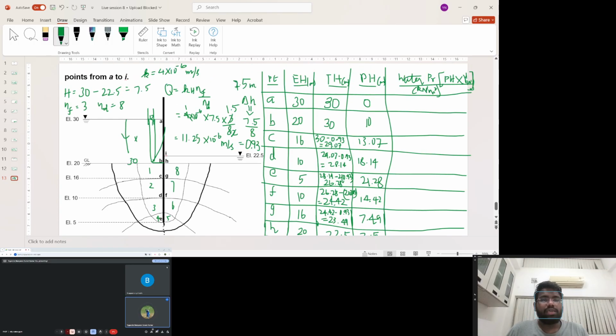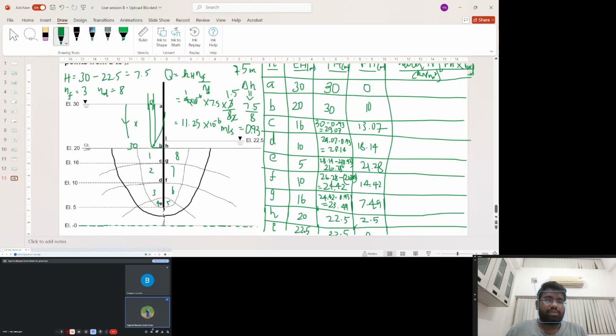Alright, now you can see the pressure head up to when it reaches E is increasing, and then it starts to decrease.